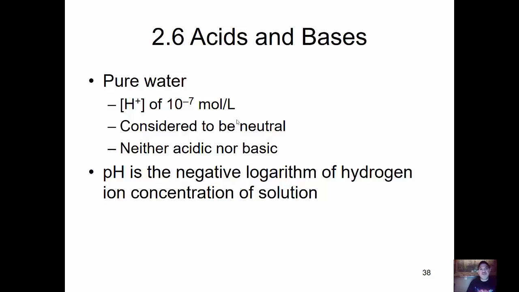Let's briefly define acids and bases. We'll learn more about acids and bases in the laboratory. Anytime you put brackets around X, this is going to be referred to as the concentration of a substance, the molar concentration.